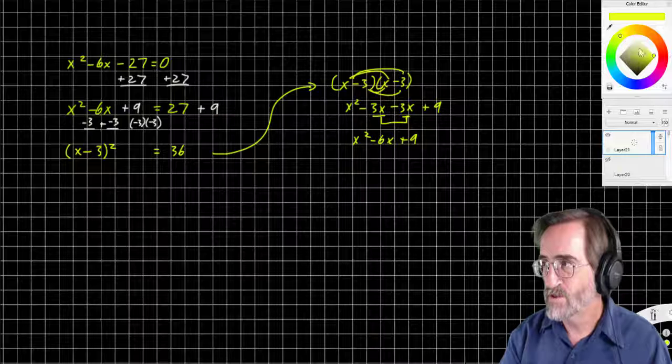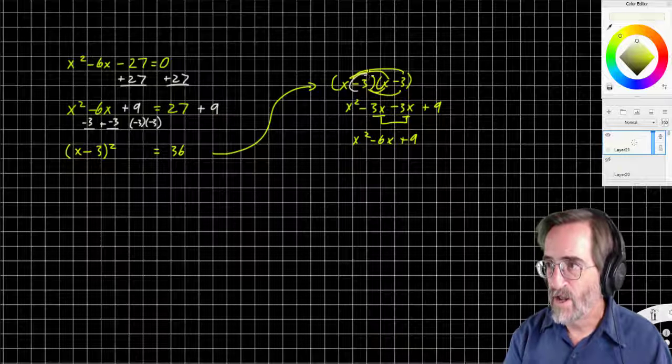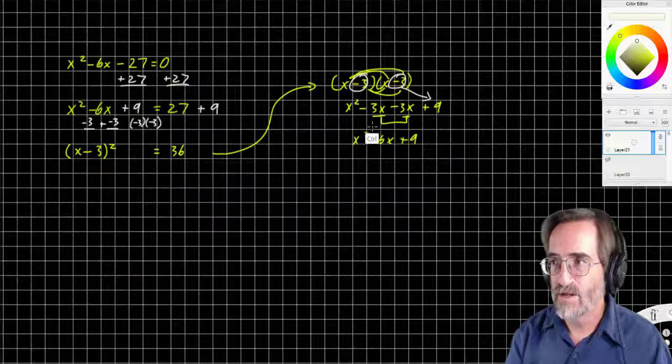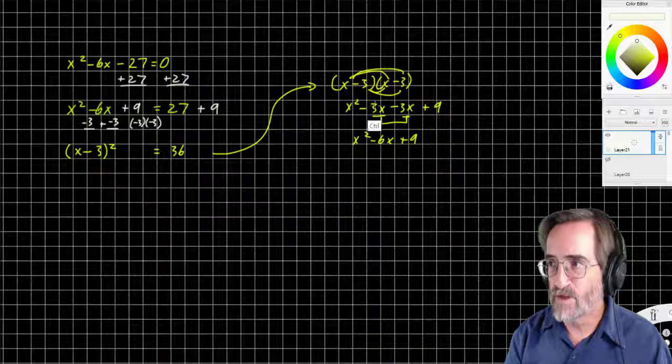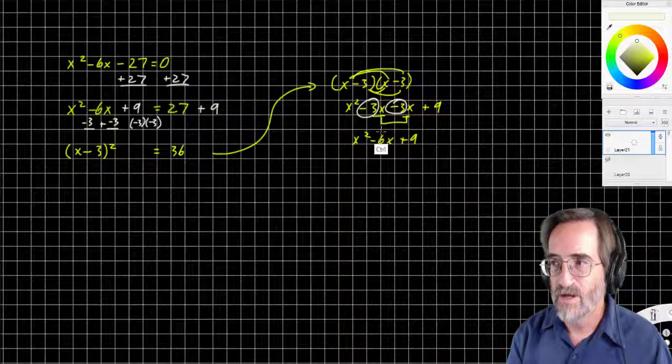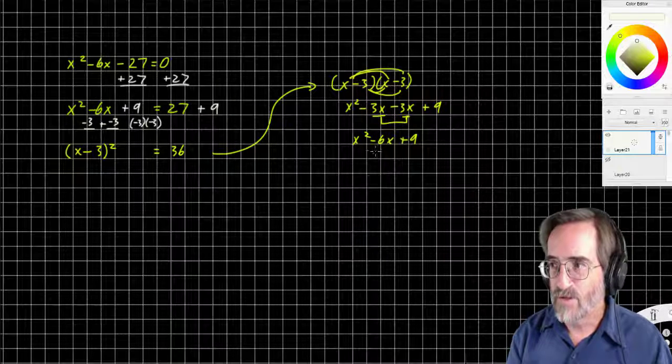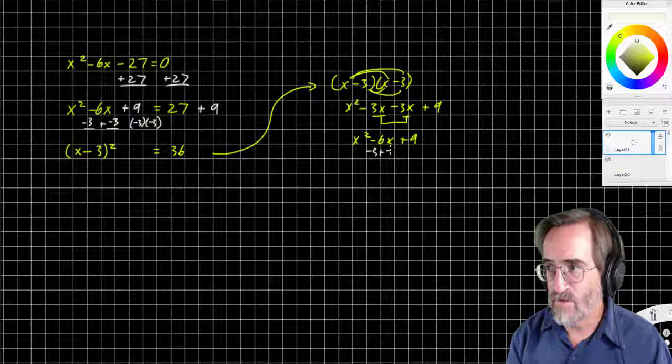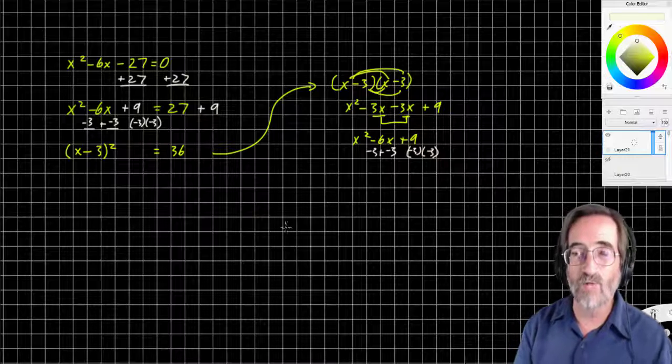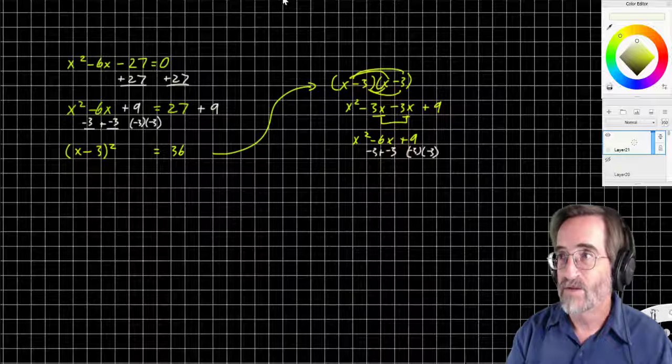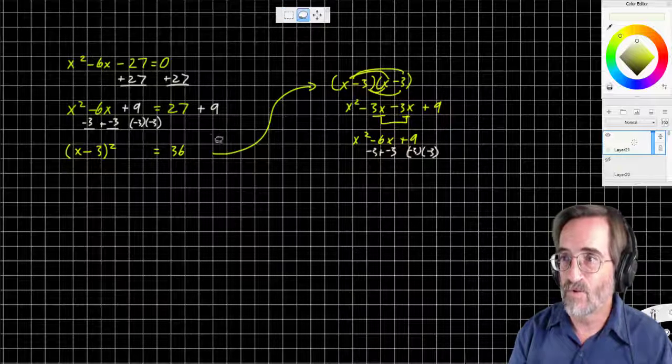And you'll notice here, -3 times -3 is 9, just like we said. And -3 plus -3 is -6, just like we said. So the middle term is -3 plus -3, and the last term is -3 times -3. So hopefully that makes a little bit of sense why it works out that way. It's kind of cool the way that works out.